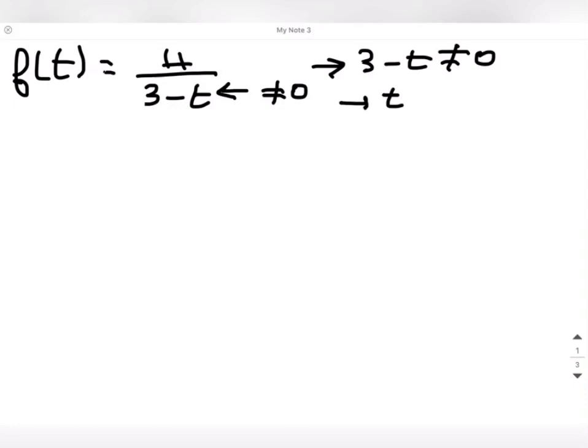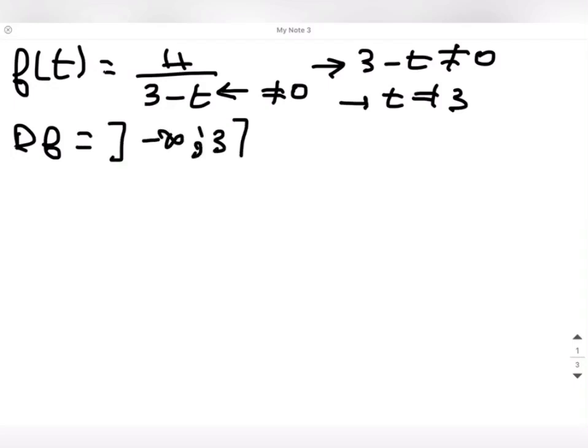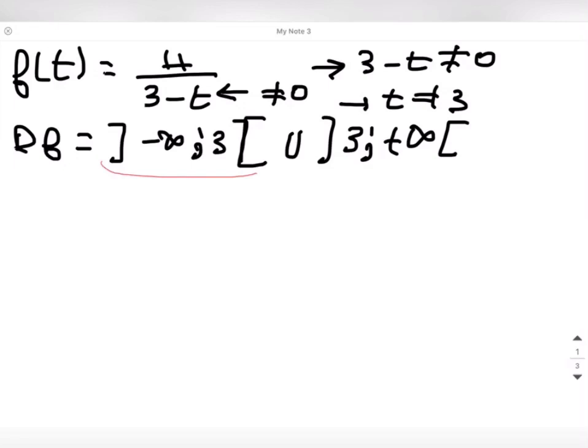So it's defined when t is different than 3. So the domain of f is minus infinity, 3, union 3, plus infinity. Okay, to determine the range, I will do the same thing as I did before. I will work on both intervals and then deduce a final range.